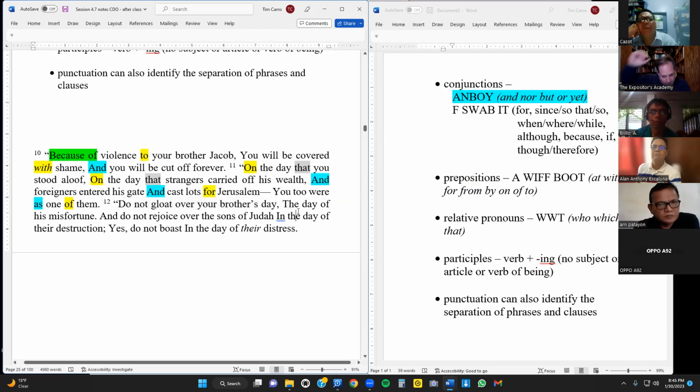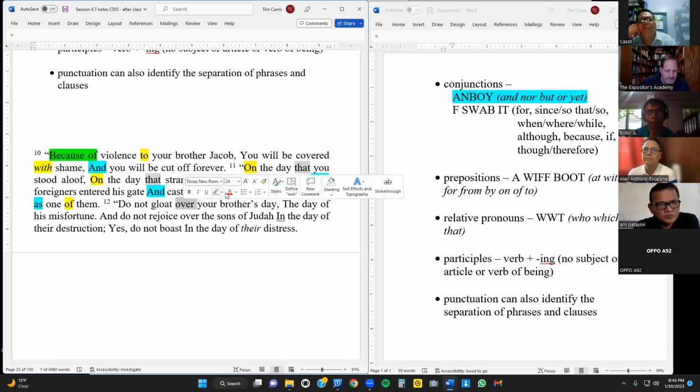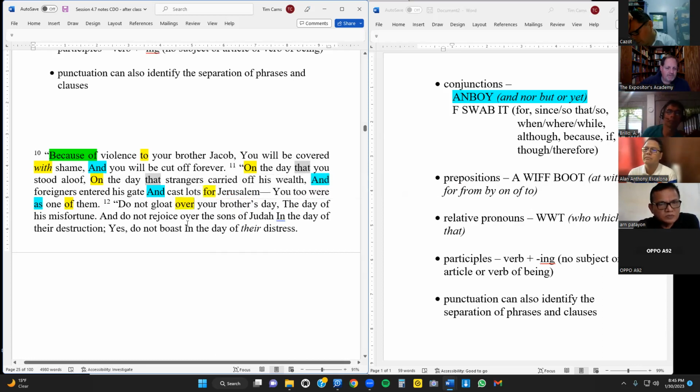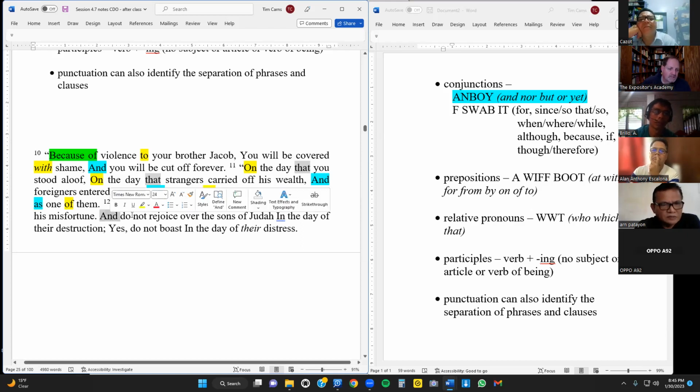Do you see any connector words in this verse? How about "over," Pastor? Yeah, normally "over" is a connector word. We'll highlight that preposition. Do you see any more? And, another coordinating conjunction.